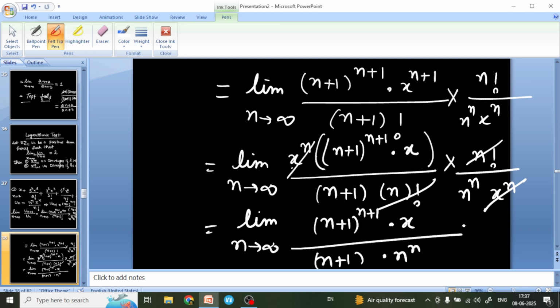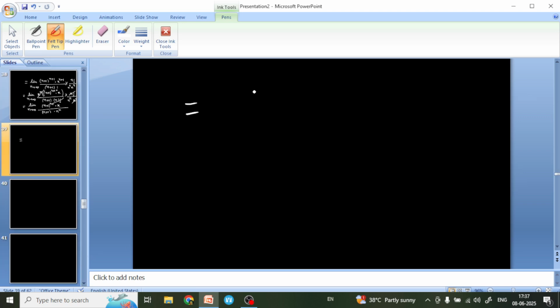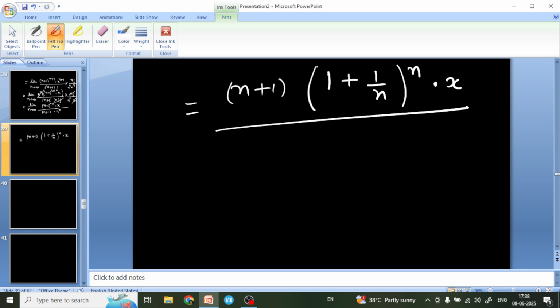Now you can take common (n plus 1) whole power n common, and the n plus 1 value will be taken common, and inside it will be 1 plus 1 over n whole power n into x over n plus 1 into n raised to power n.